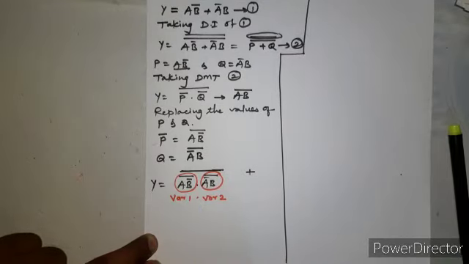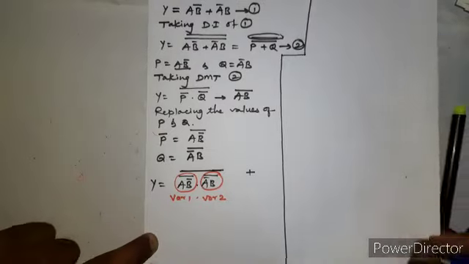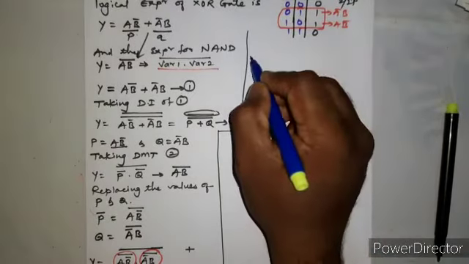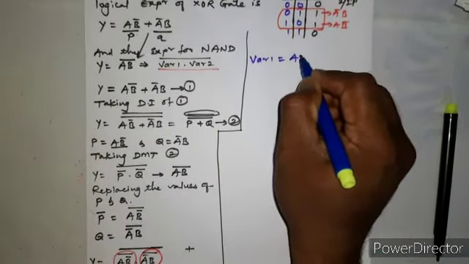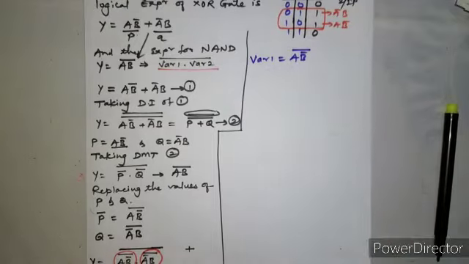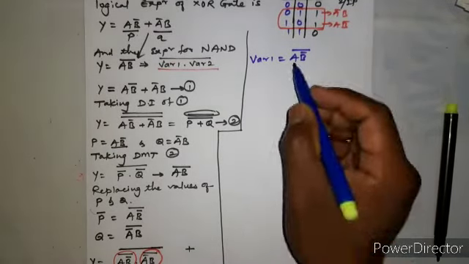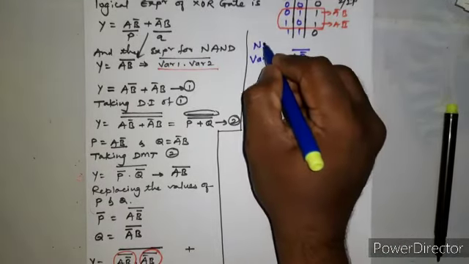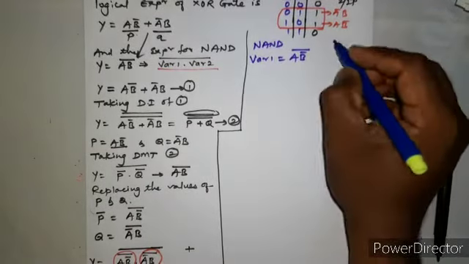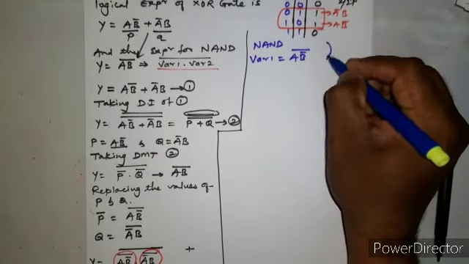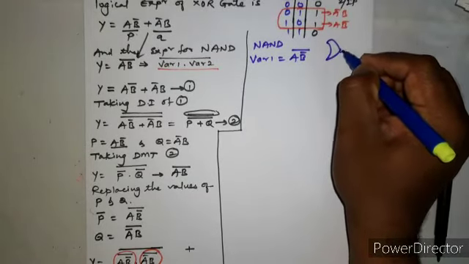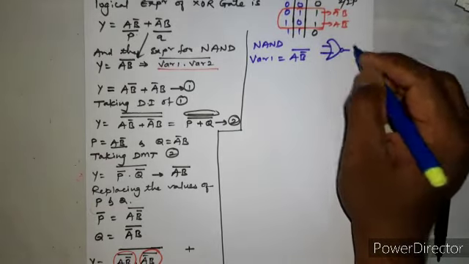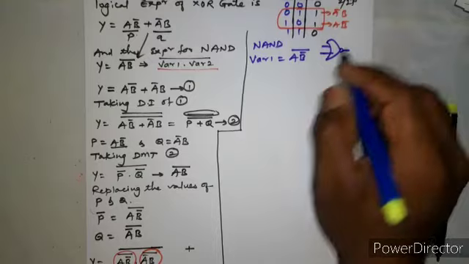Now if I am to implement this, let us consider variable 1. Variable 1 is A B bar whole bar, okay, so I'll draw here. Now you have to use only NAND gate, right? So our XOR gate is this. Now we are not supposed to use this gate, we are supposed to use NAND gate only.